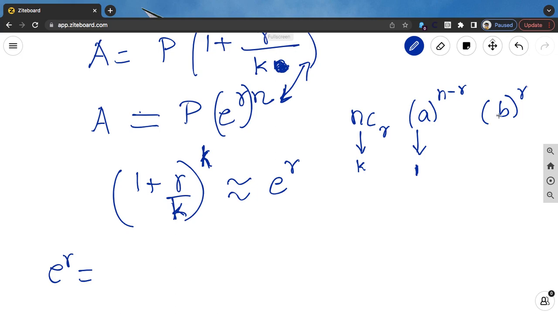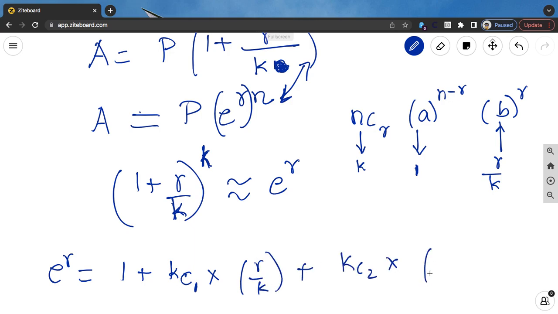And b is this number r by k. So it is 1 plus kC1 times r by k plus kC2 times r by k the whole square plus kC3 times r by k the whole cube, and so on.